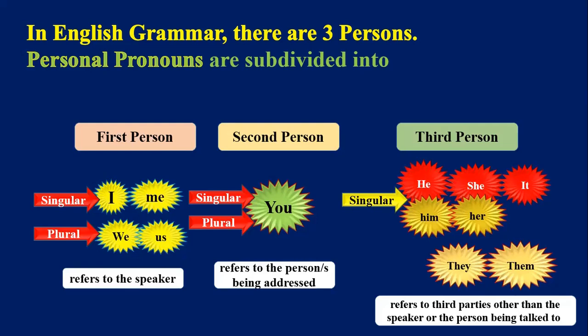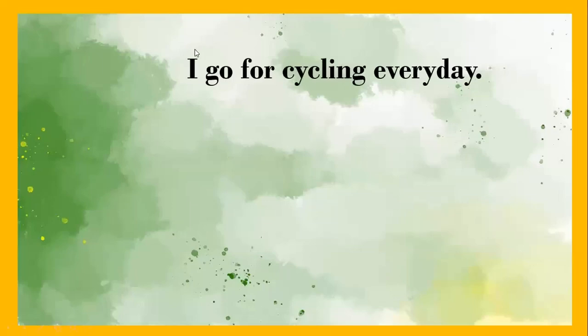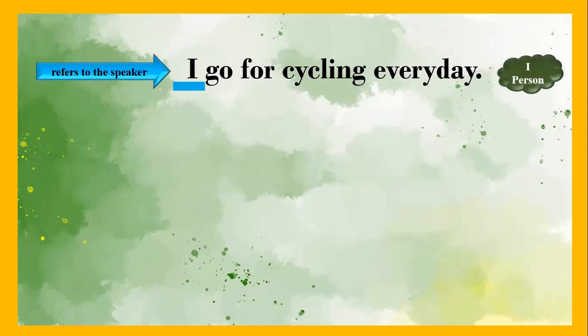And the pronouns they and them replace plural subjects. To understand this concept better, let's go through a few sentences, children. The first sentence given here is, I go for cycling every day. In this sentence, the personal pronoun is I, and it refers to the speaker, and it falls under first person.